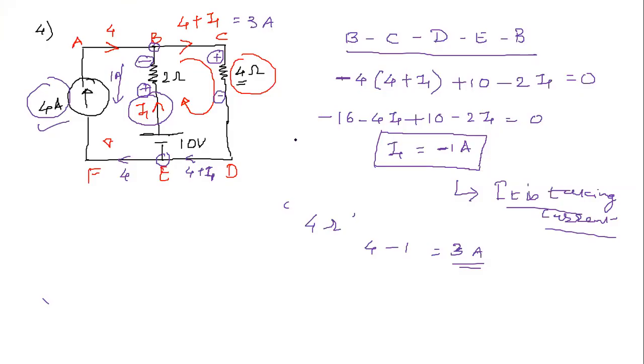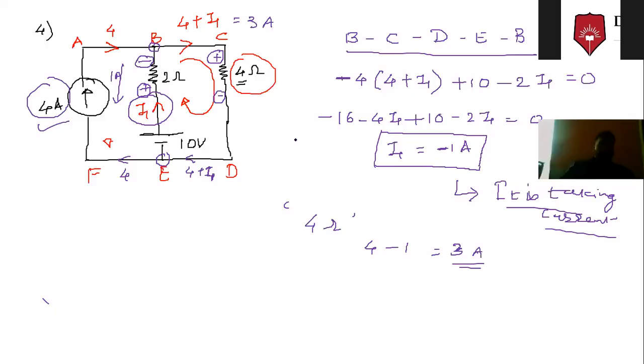And now we are dealing with 3 sources, and we have finished branch analysis. I hope you are all comfortable with the numericals we have solved, and I'll suggest you try to solve various numericals given in the book.